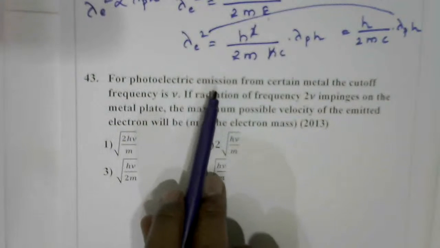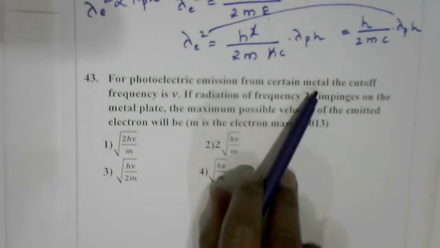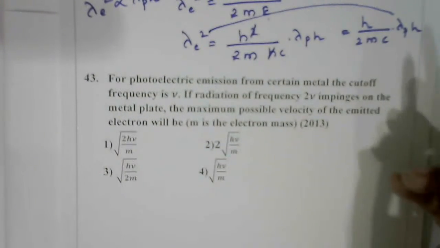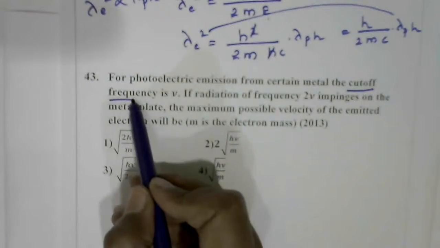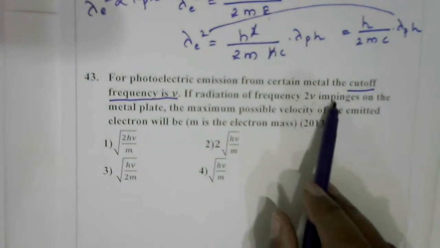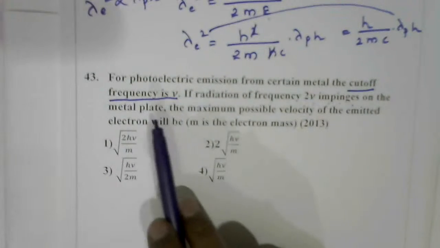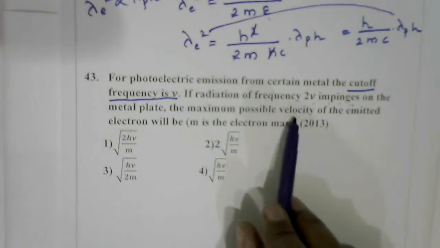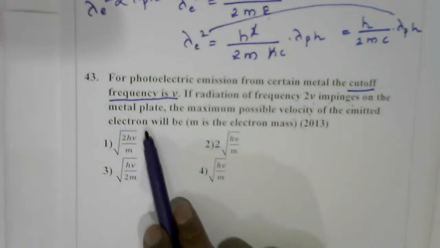For photoelectric emission from a certain metal, the cutoff frequency, the threshold we are having, is nu. If radiation of frequency 2 nu is incident on the metal surface, the maximum possible velocity of the emitted electrons will be?